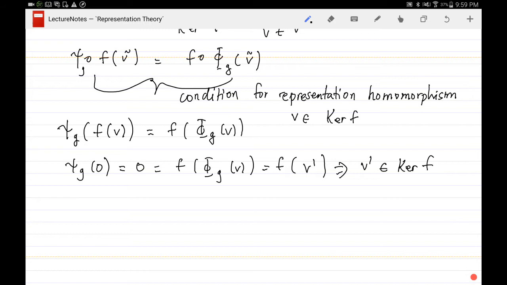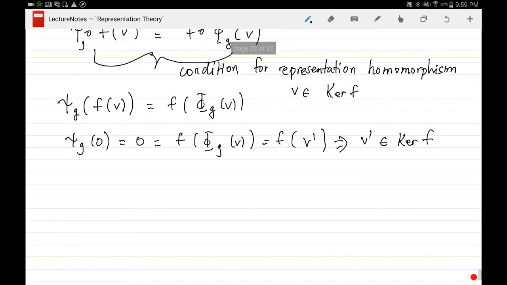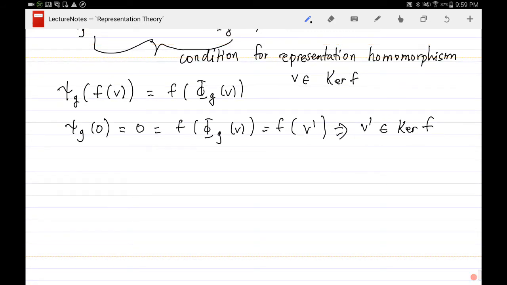Okay. So by the definition of what a sub-representation space is, the kernel of F is a sub-representation space. In other words, it's stable under the action of our representation phi. Now let's look. So the kernel of F is a sub-representation space.